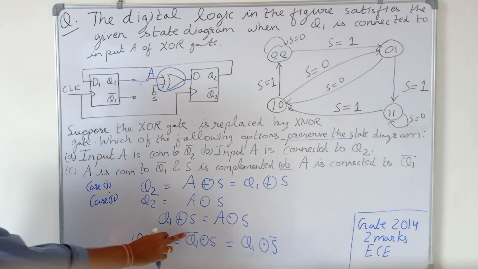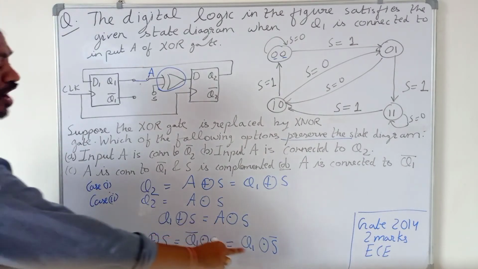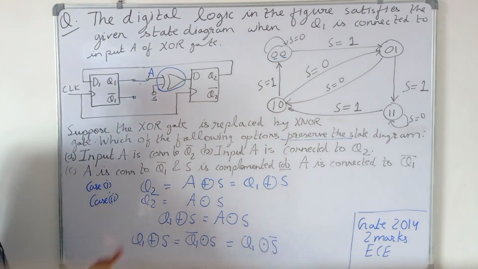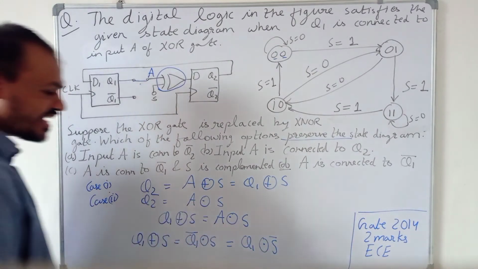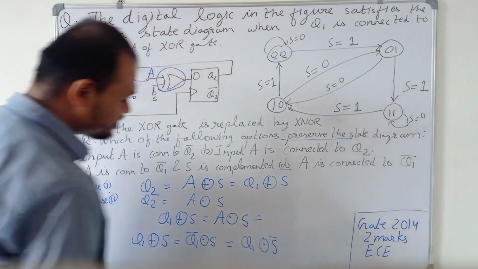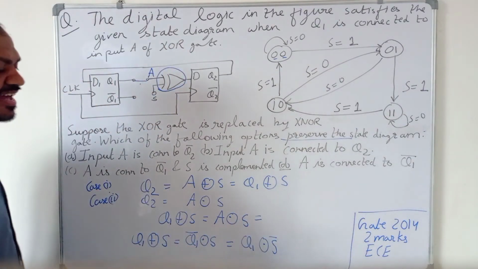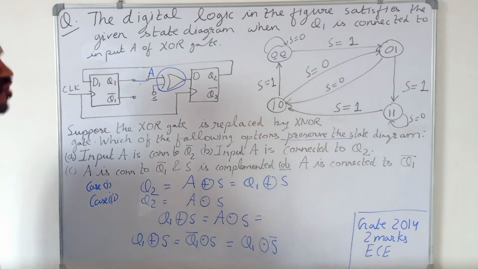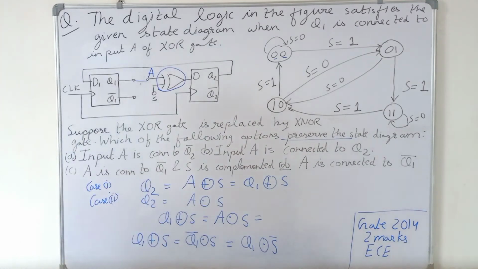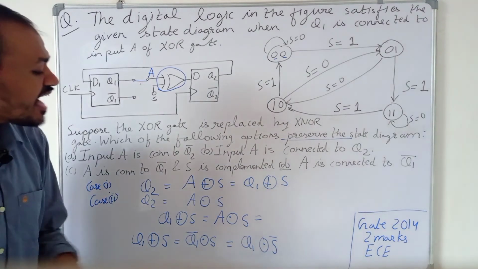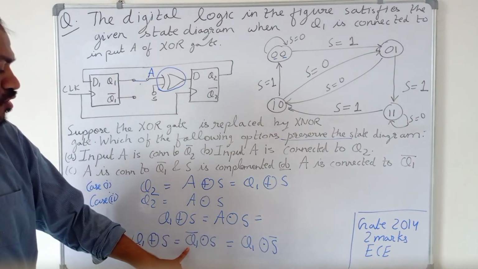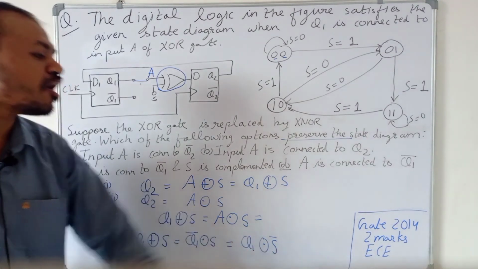Either you have to complement Q1, or you have to complement S. You cannot complement both at the same time. Similarly, either A has to be connected to Q1 bar or S has to be complemented.